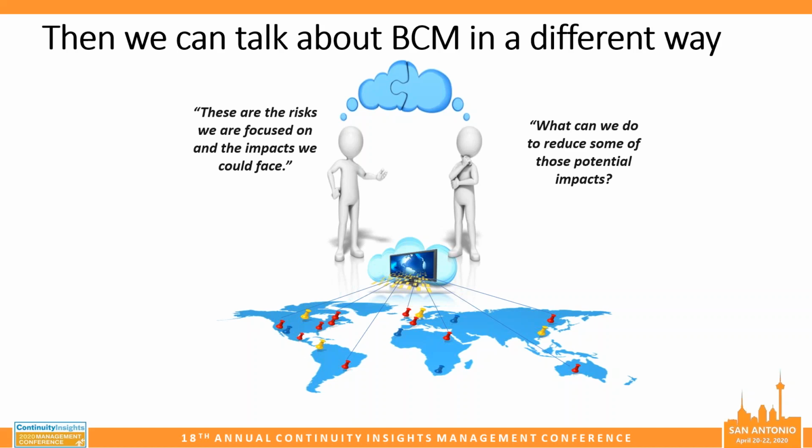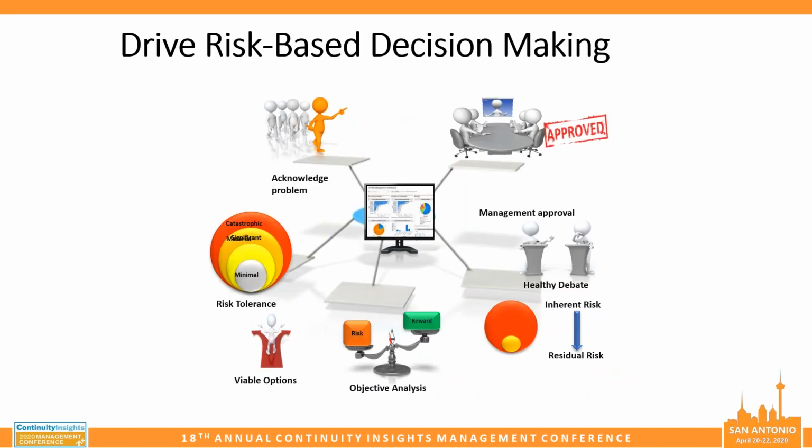We can talk about the risks we're focused on and the impacts we could face. And then we can talk to leaders in a planful way about what we can do to reduce some of those potential impacts. That drives risk-based decision making. So we acknowledge that we've got a problem. We look at our risk tolerance around the problem. We look at the viable options for solving the problem. We do an objective analysis of that, what the risk is versus the reward.